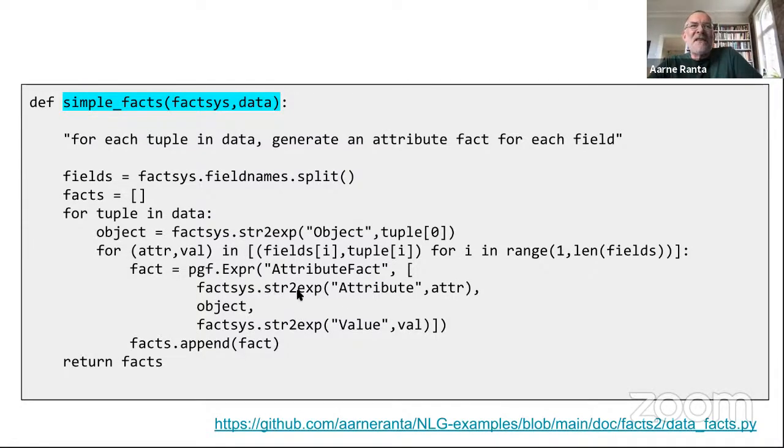And here we use this string to exp. We assume that these attribute names are in the language that you can parse. So when you see, for instance, population, then it's an attribute that can be parsed as an attribute.